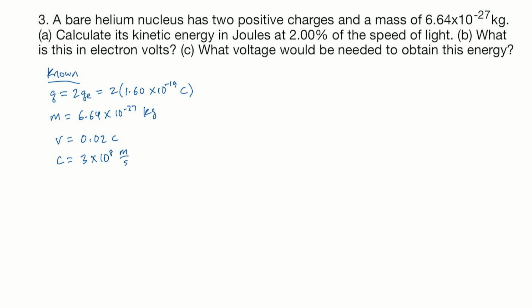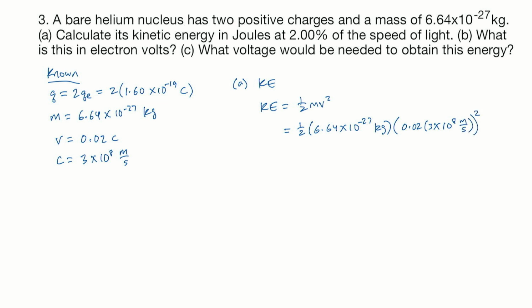Okay, we need to find kinetic energy. Well, kinetic energy is 1/2 mv squared. All right, so that's 1/2 m. M is 6.64 times 10 to the minus 27 kilograms. The velocity is 0.02 times 3 times 10 to the 8 meters per second.